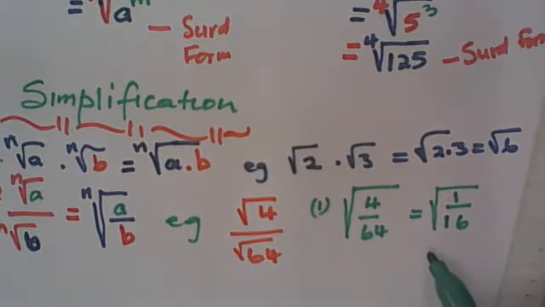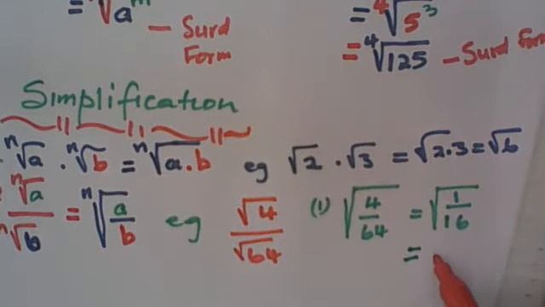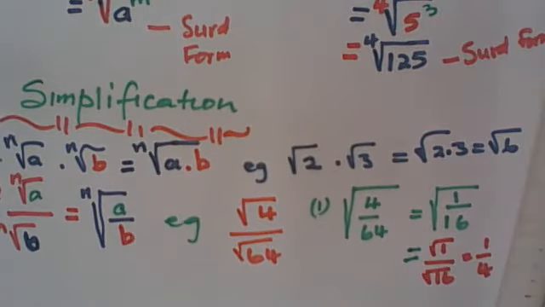Therefore, the final answer becomes the square root of 1 over the square root of 16, which is equal to 1 over 4. Yes, that is how you simplify that.